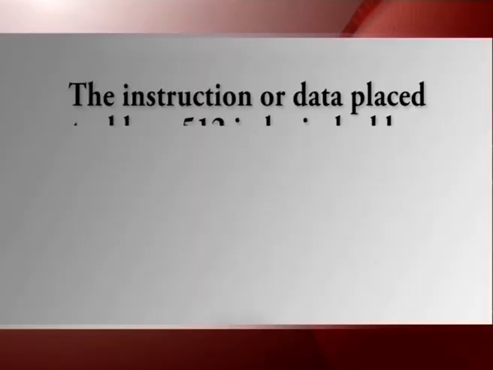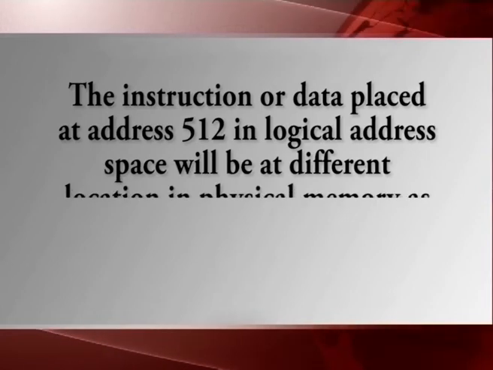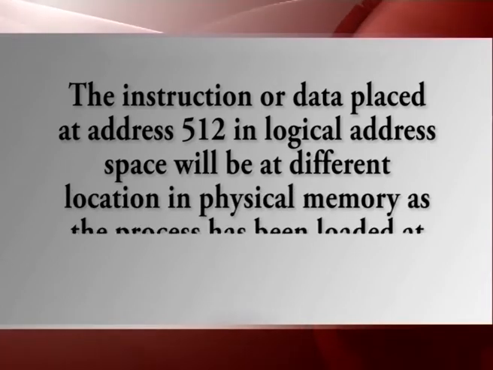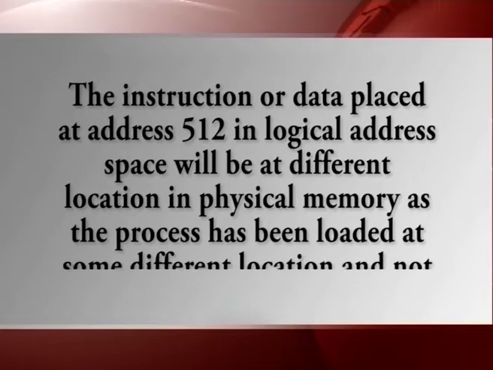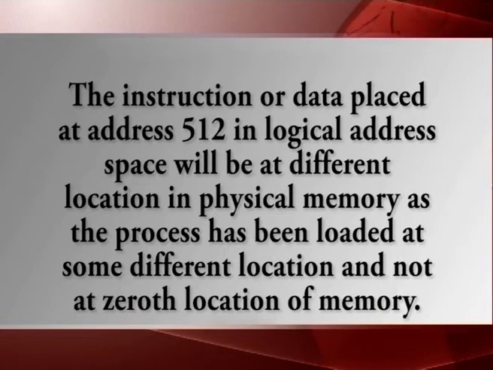During the execution of the process, if the logical address generated by the CPU is, say, 512, that means the CPU needs the instruction or data at address 512 to execute. The instruction or data placed at address 512 in logical address space will be at a different location in physical memory, as the process has been loaded at a different location and not at the 0th location of memory.